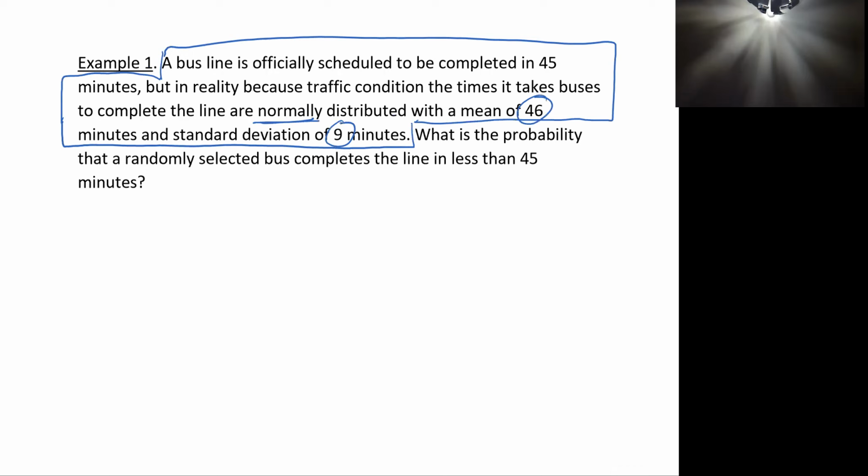Next, the part after that is for the specific of this question, and that is, what is the probability that a randomly selected bus completes the line in less than 45 minutes? Okay, so we're given a variable value. The random variable here is the number of minutes it takes a bus to finish the line.